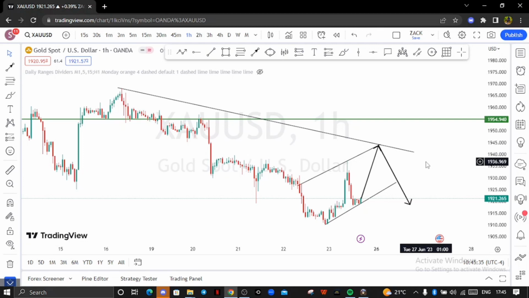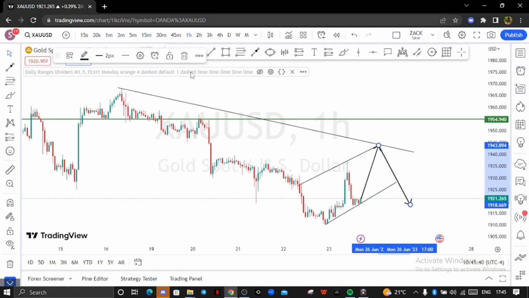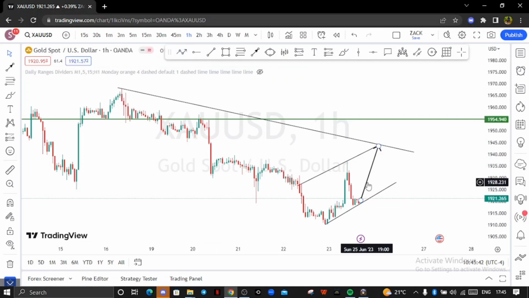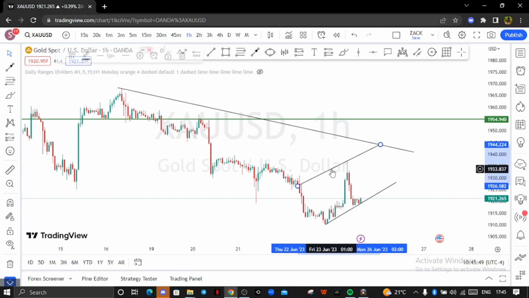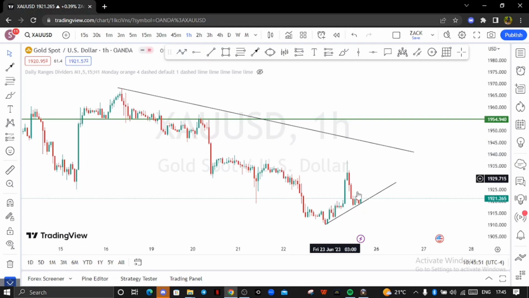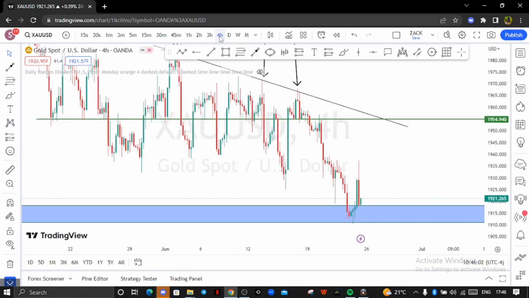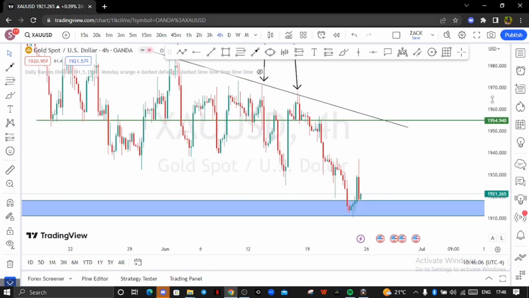Second confluence is that on our daily channel, we see that we have broken out from the bullish channel. Now we are expecting more sales, so we are going to stick to sell type trades. We don't want to be trading against the trend, guys, because it can be messy. It could be very messy.